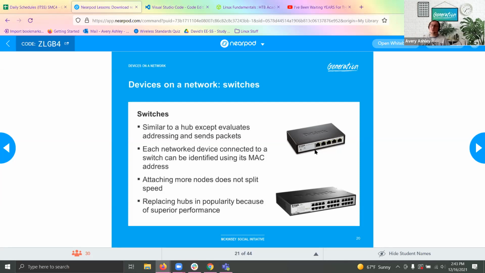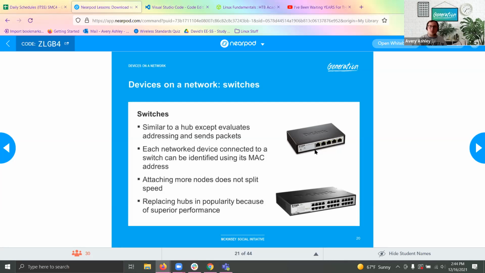Candido has his. Safau has his. And the switch takes note of which device has which MAC address. So if I want to send a message to Kelly, it knows, oh, Kelly is on line 2. I'm going to send this packet onto Kelly, and it just sends it to Kelly.